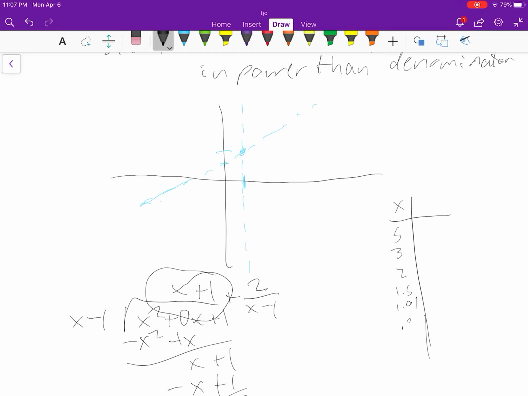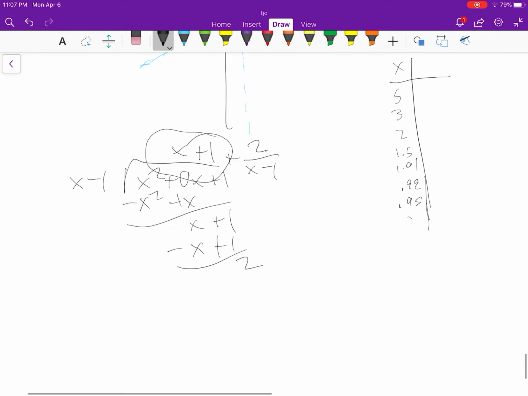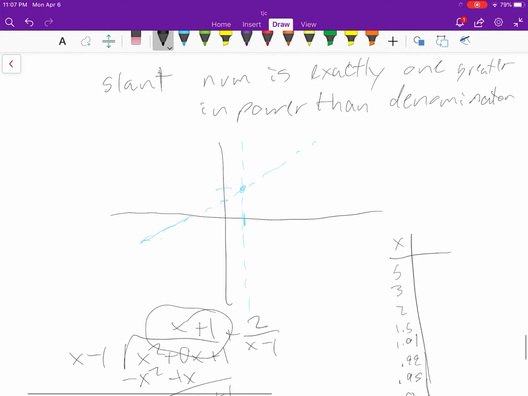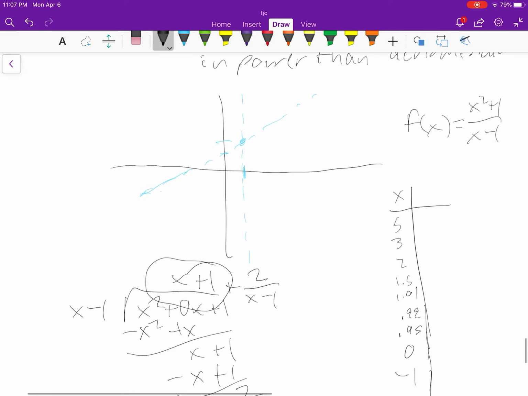So then I'll go at 0.99, maybe 0.95, and then maybe 0, -1, -2, etc. And I'm going to plug these in and use a calculator. So let's write what the function actually is. The function is x squared plus 1 over x minus 1.